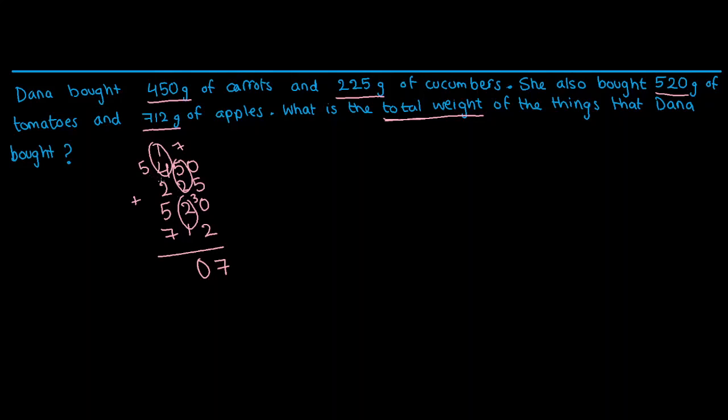And then 5 plus 2 is 7. And then 7 plus 5 is 12. And then 12 plus 7 is 19. So Dana bought 1,907 grams of things. And that's it for the addition of whole numbers.